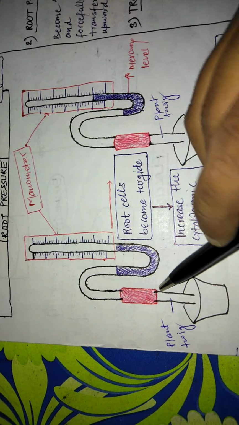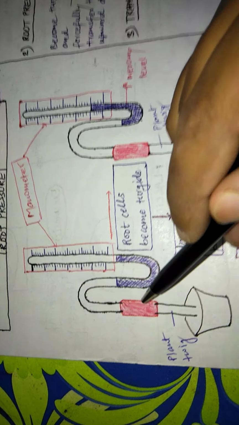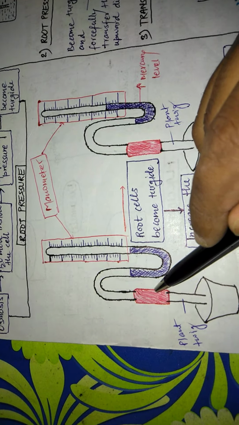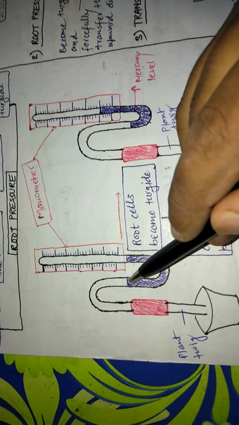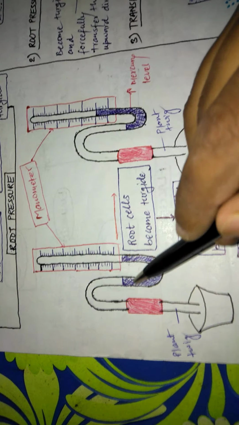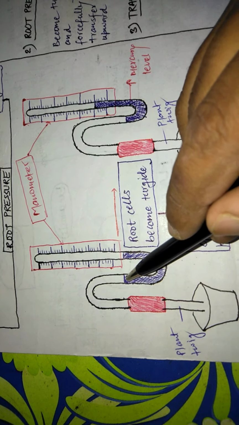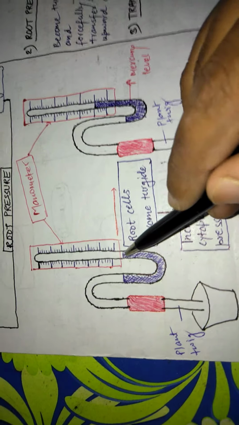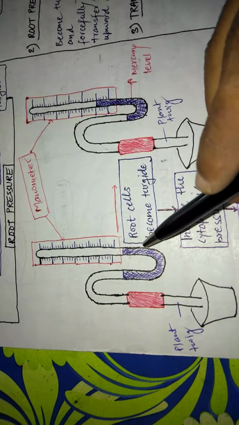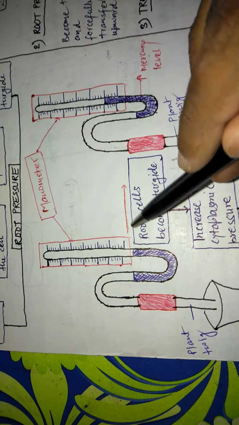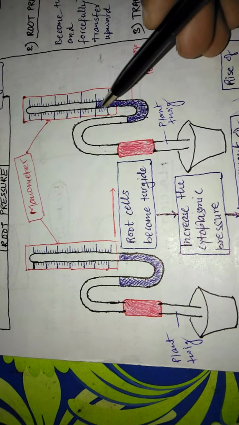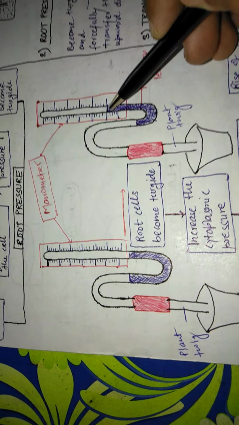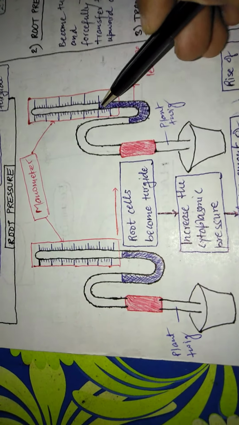We select the plant twig, and after that we connect the manometer to the plant twig with the proper rubber valve. Next, this is the mercury level, and at the initial stage the mercury level will be at the same level in both arms. After some time, the mercury level increases accordingly, after 2 hours, 3 hours, or 5 hours, or any time.